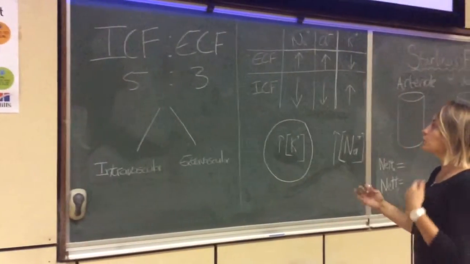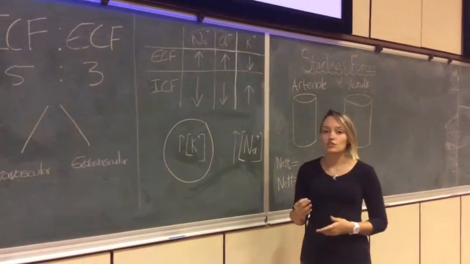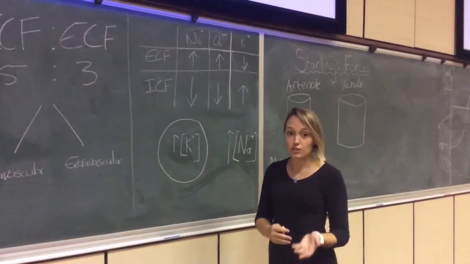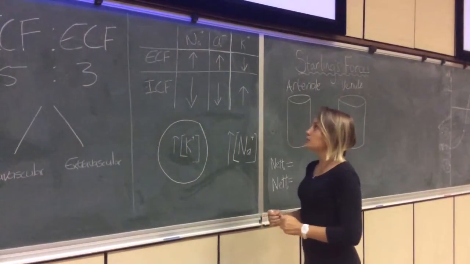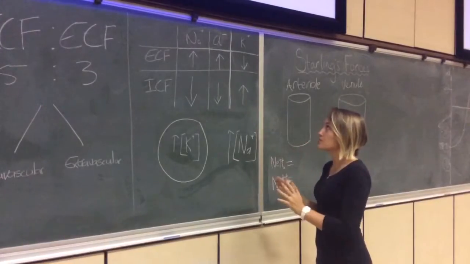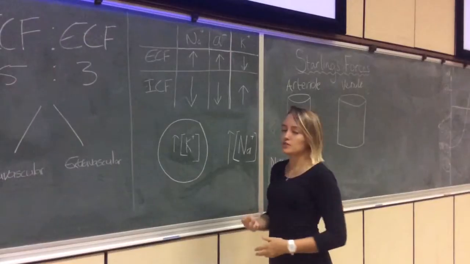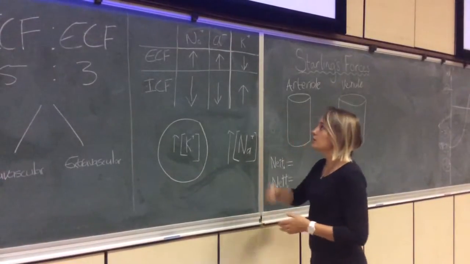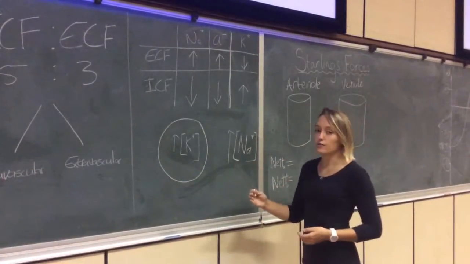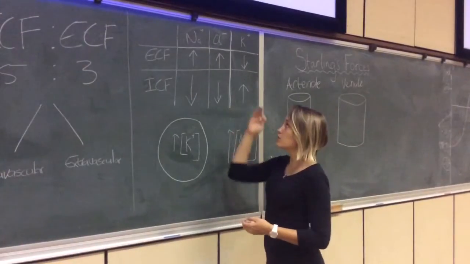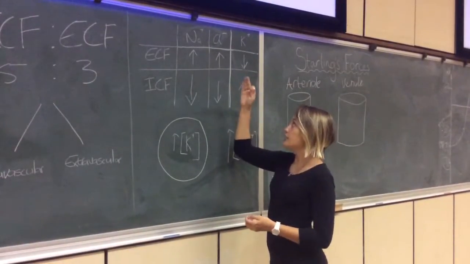Alright, now moving along to the composition of the extracellular fluid and the intracellular fluid. So these are very important, I wouldn't say values, I'd just say concepts maybe to remember. So in the extracellular fluid you have a higher concentration of sodium ions and chloride ions.